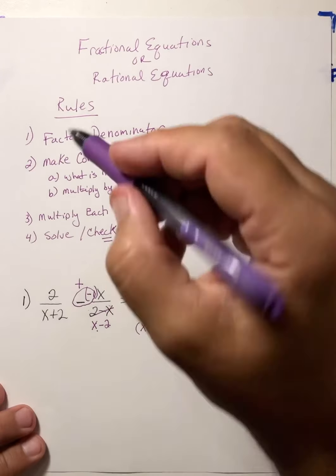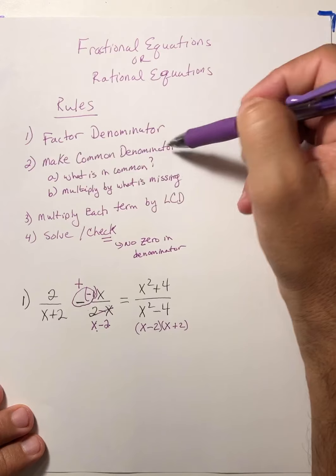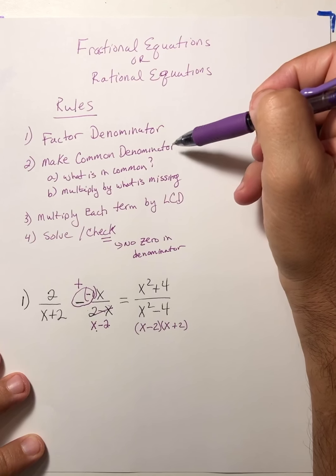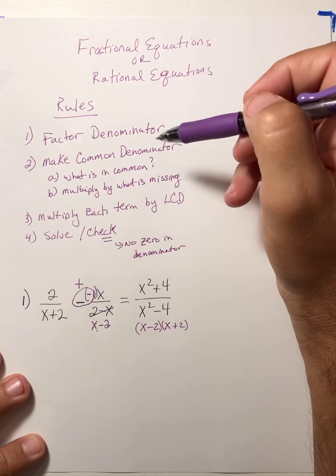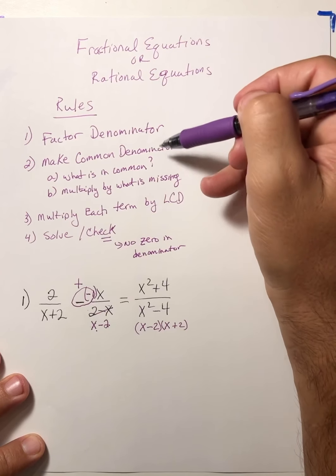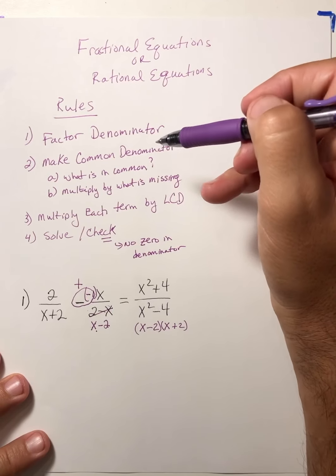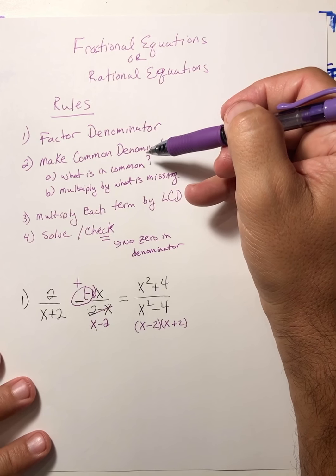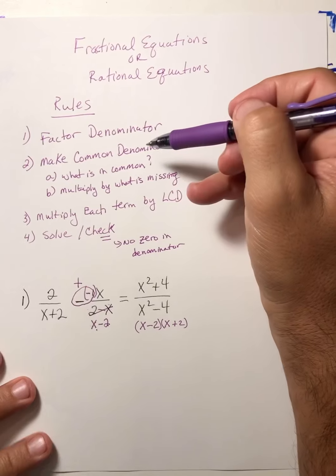All right, now we're going to make the common denominator. Just like when you did complex fractions, we multiplied everything by the common denominator because that makes the denominator pieces cancel out. So we're doing the same thing.